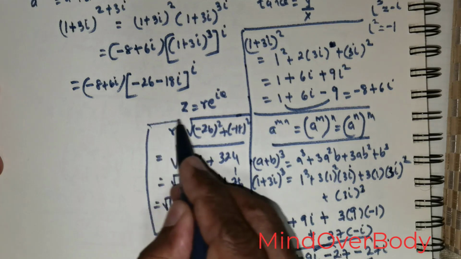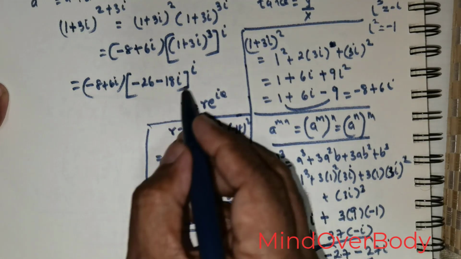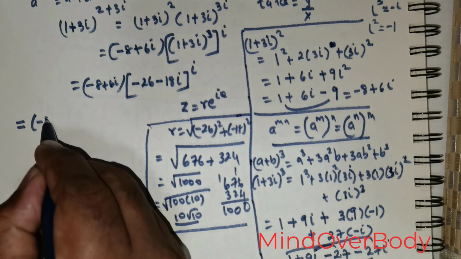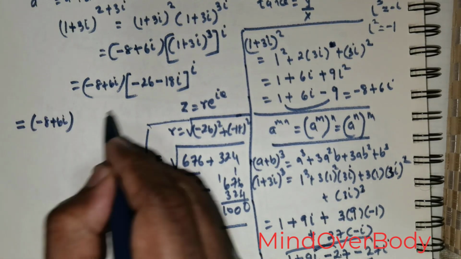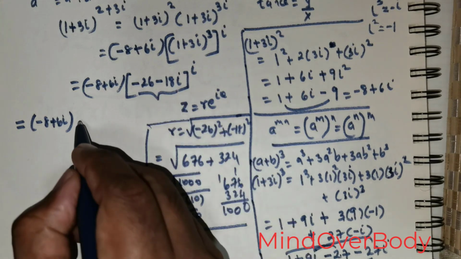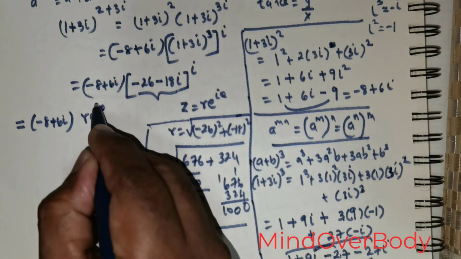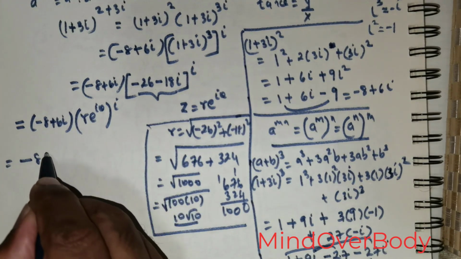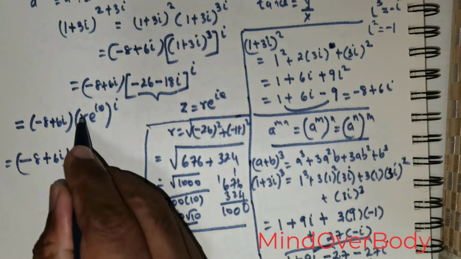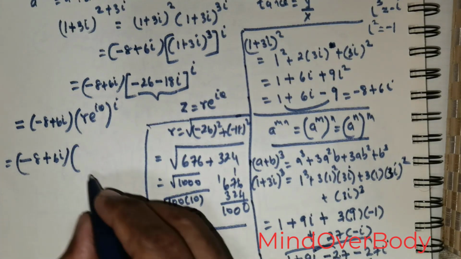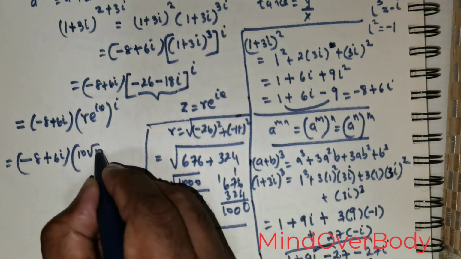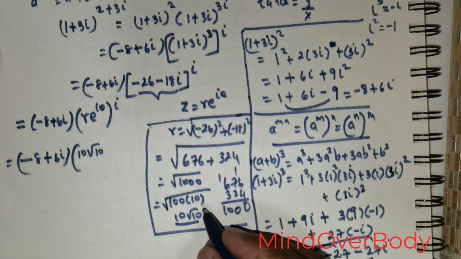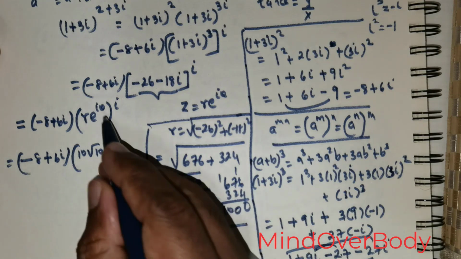So let me have this in one corner. So I'm going to have an equal to sign. So this is equal to negative 8 positive 6i. I'm going to rewrite this entire quantity as r times e to the power i theta, raised to the power i, which is equal to negative 8 positive 6i times, my r is going to be this quantity, 10 times root of 10, and I'm not going to write theta in the representation of tan theta, so that will complicate my solution.